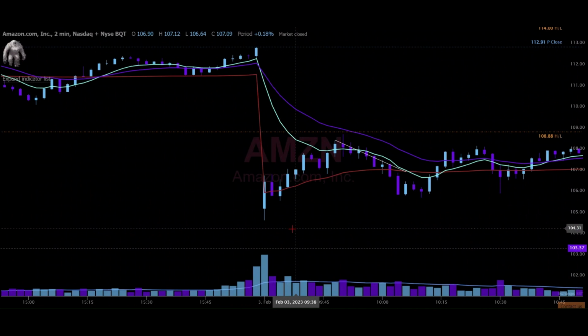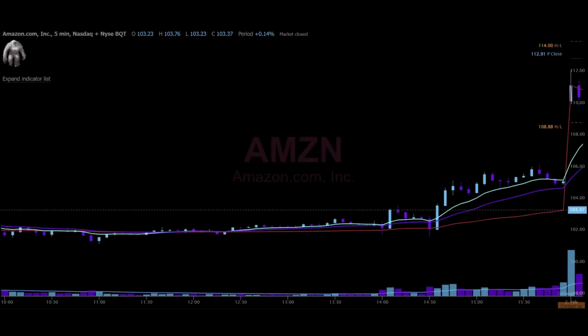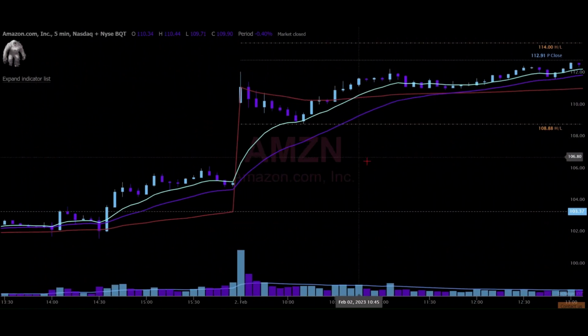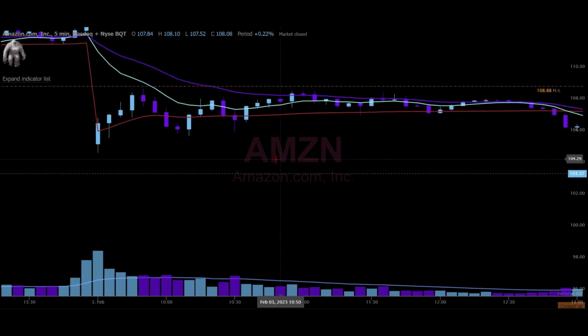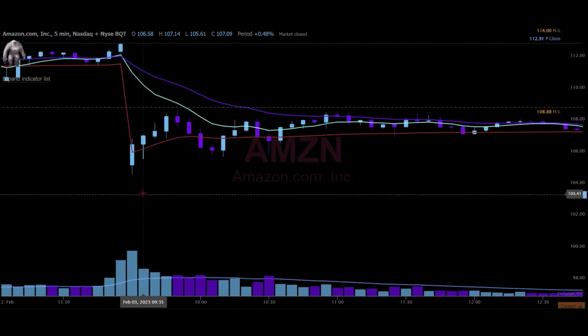So we got our opening range. I played Amazon on the 5-minute. You can see how this is why I set these ranges. Previous day low was today's resistance.